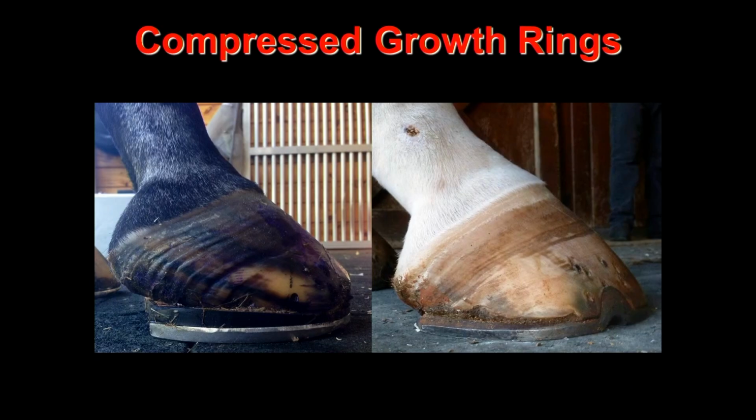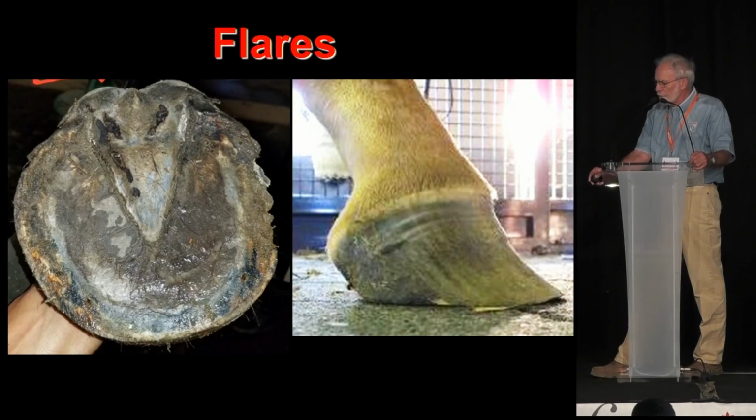So if we look at compressed growth rings, stress lines, when there are compressed growth rings, there is excessive force on that part of the horse's foot. You'll see flares.